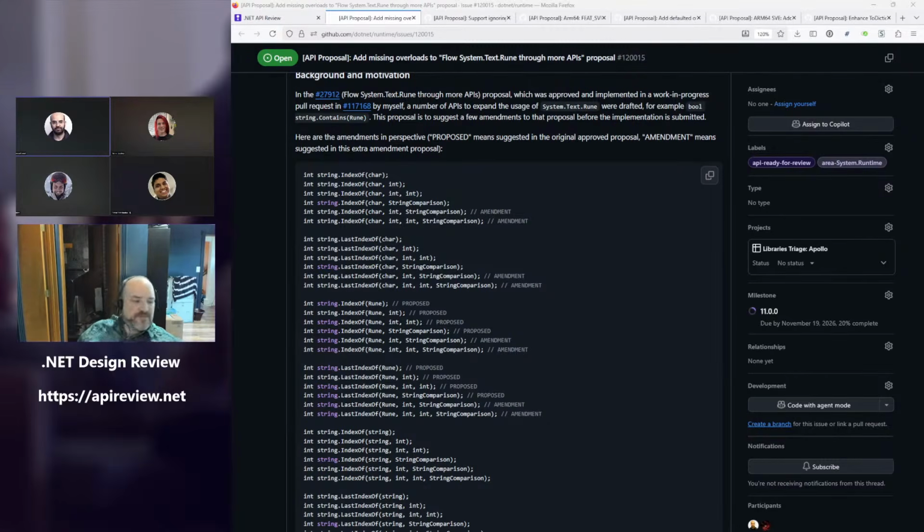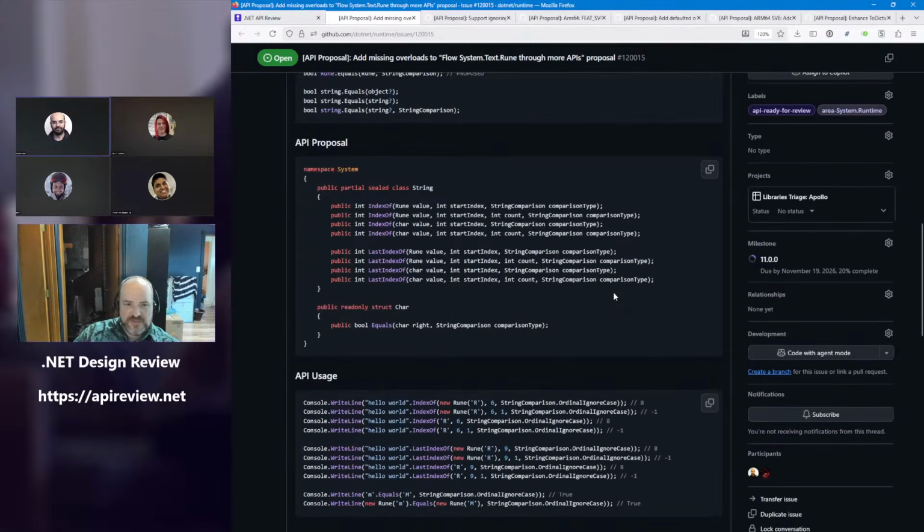So the proposal here is to add extra overloads for different functionality, like index of, last index of, and so on, to have the extra parameters that make sense. We can go through this. The proposal is down there. If we can look at the proposal directly, it would be clearer.